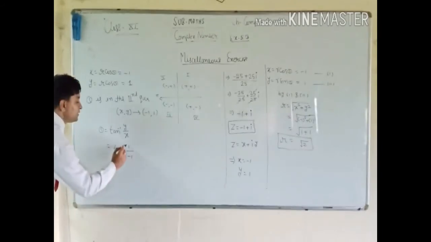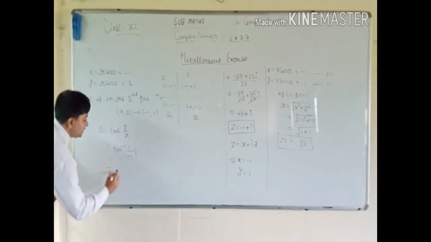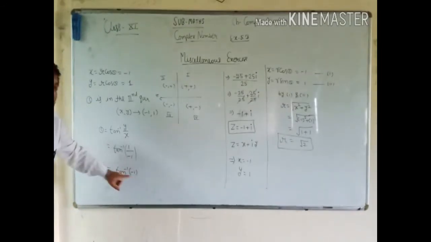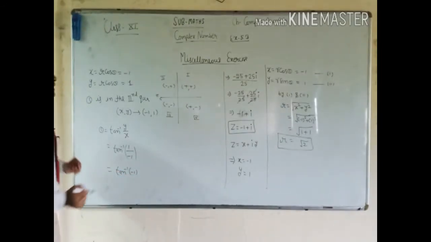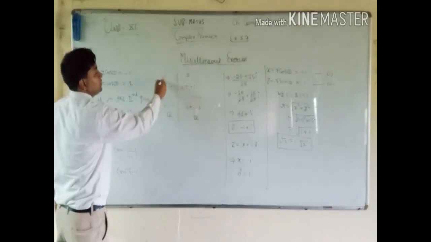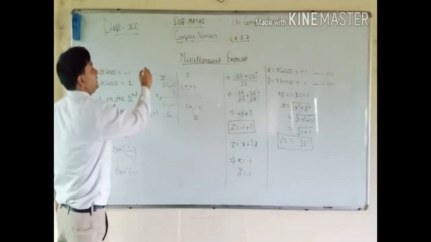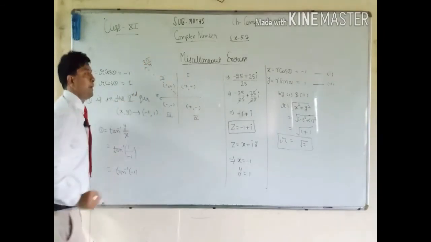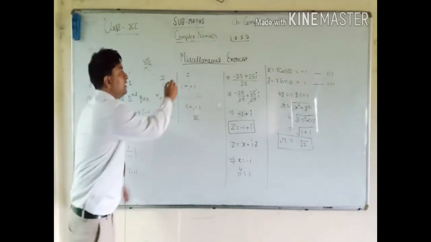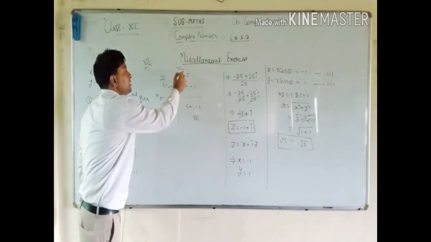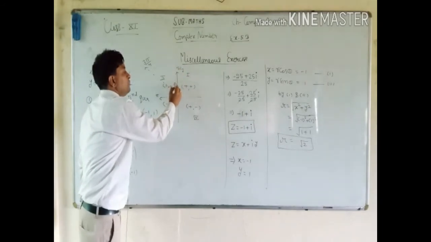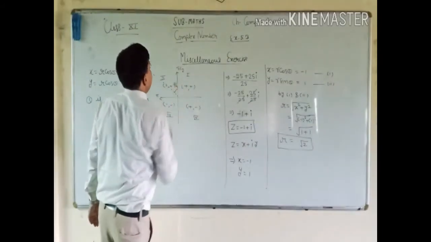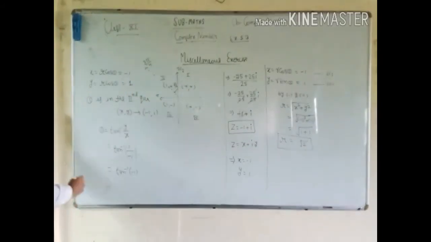When we solve this, we find tan inverse of −1, and tan inverse −1 is in the second quadrant. This is the second quadrant, and in the second quadrant the value is equal to 3π/4 because this is 90 and this is π/4. So when we solve this, we find the answer is 3π/4.